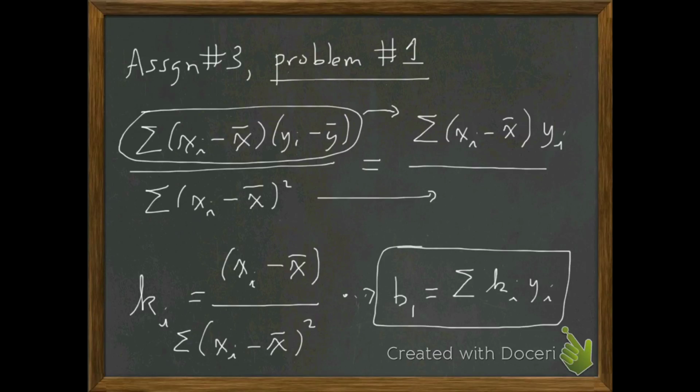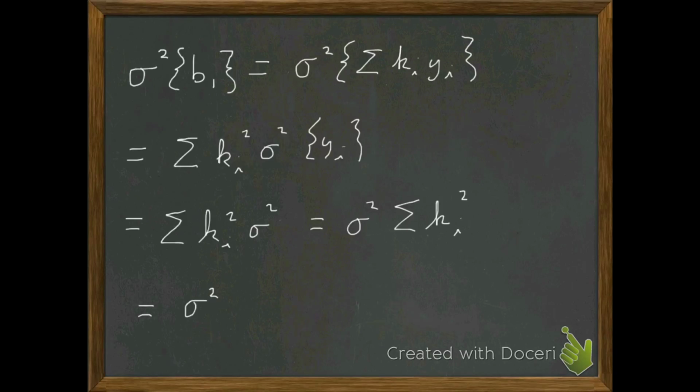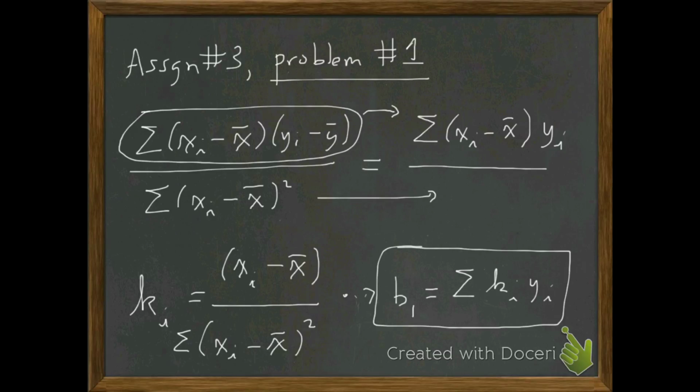So with k sub i squared, we're going to square those, so some of that's going to cancel out, so we'll get just 1 over the sum of x sub i minus x bar squared, because when we square the k's, we square this over here.